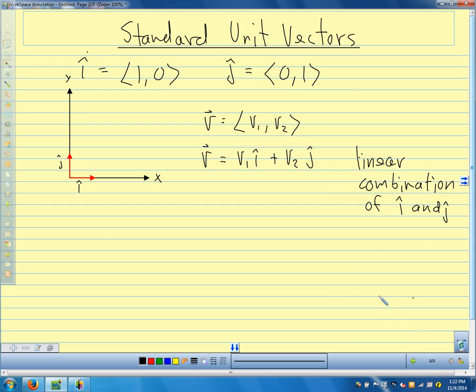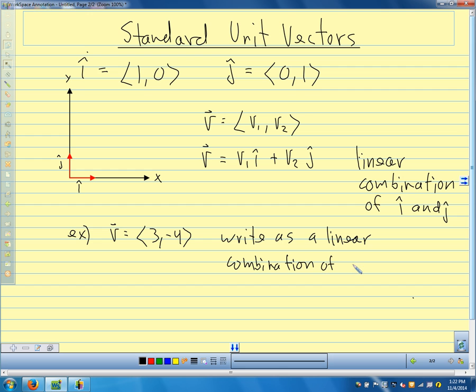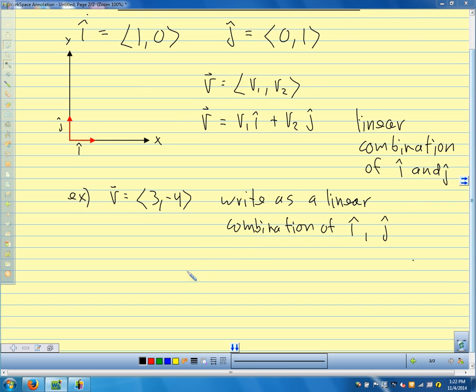So if our problem, for example, let's do our favorite vector here. If v is the vector 3, -4, and the problem says write as a linear combination of the standard unit vectors, i hat, j hat, all this is asking us to do is say v equals 3 i hat minus 4 j hat.